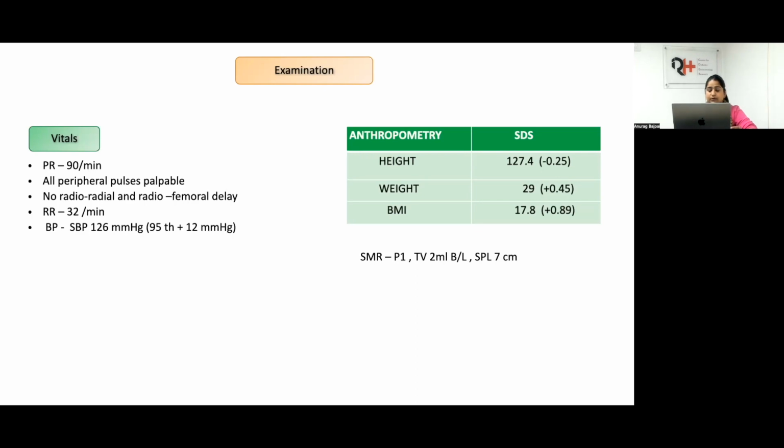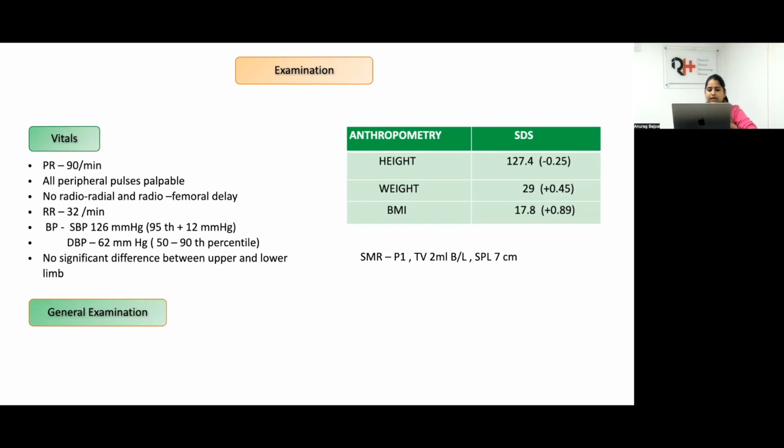That was 95th percentile plus 12 mmHg, that is stage 2 hypertension, I guess. And diastolic blood pressure was 62 mmHg, that is 50 to 90th percentile. There was no significant difference between the upper and the lower limb blood pressure.